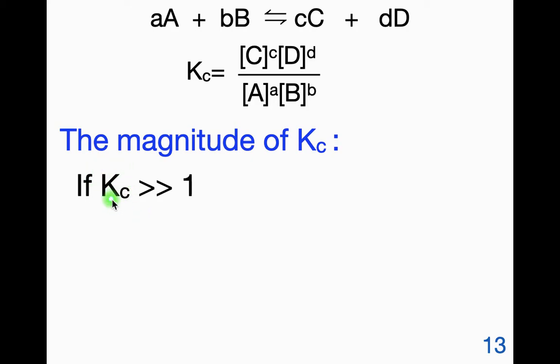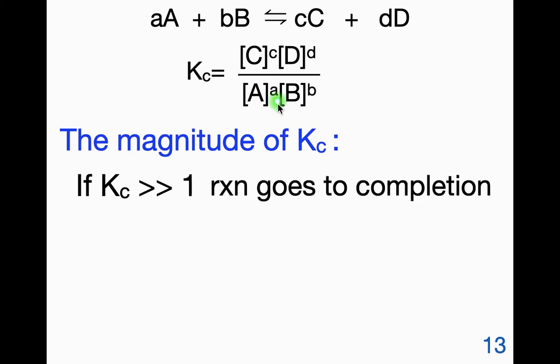If the equilibrium constant is much greater than 1, now there is no definition on exactly what number, and this is the way that we refer to it. If it's much greater than 1, well, what does that mean? That means that the products is a very, very large number, and the reactants are a very, very small number. So for all intents and purposes, we can say that the reaction has gone to completion.